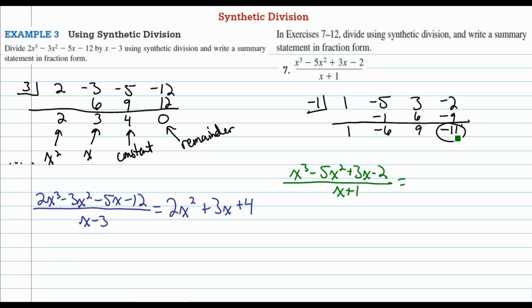If this is the remainder, 9 is the constant term, -6 are the x's, so 1 is the x squared. So that would be x squared minus 6x plus 9, and then I have 11 as a remainder, so minus 11 that remains to be divided by x plus 1. There's my summary statement in fraction form.